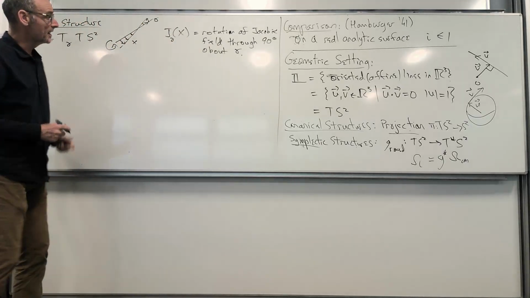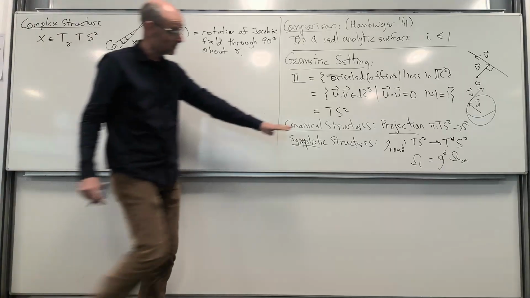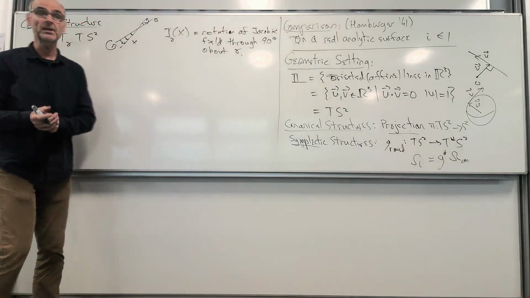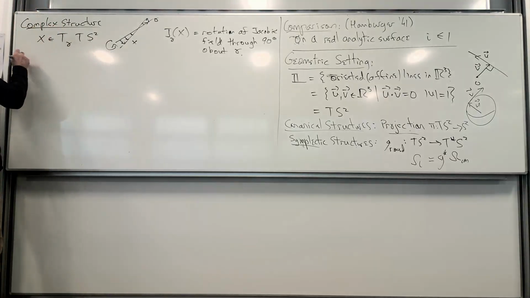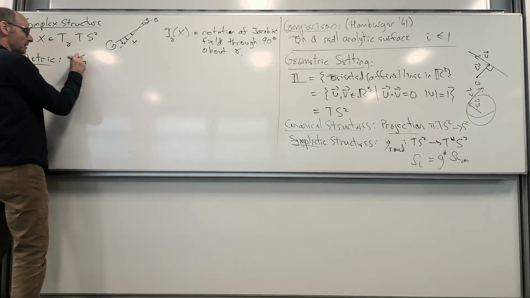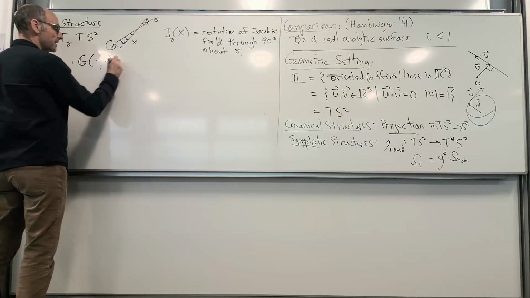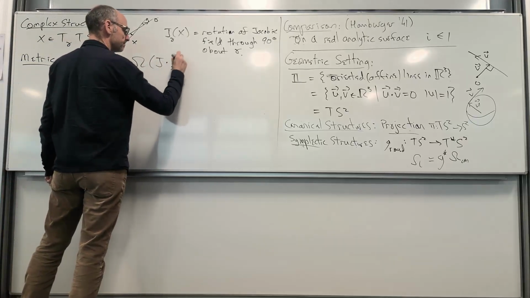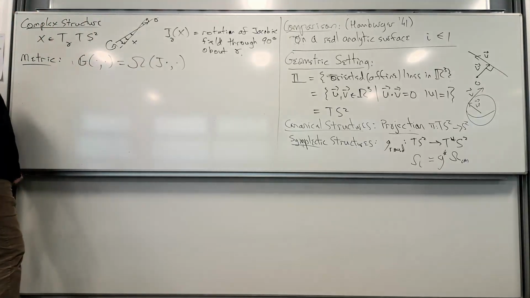So it's also compatible with the symplectic structure. So if you take omega of J and J, you just get the same as omega, and then of course you can put the two together and we get a metric. And so the metric, let's say G, capital G, is just omega with the J filled in here. So that's our metric.